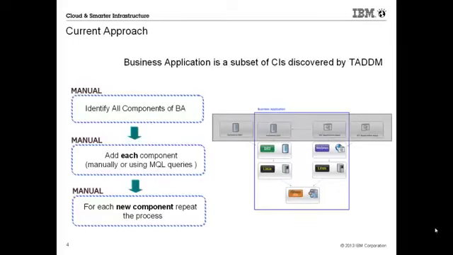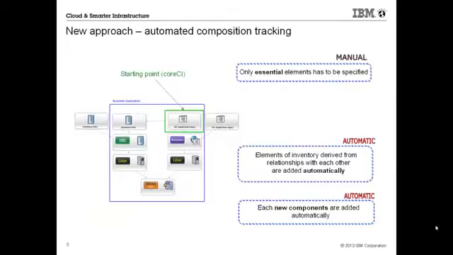The picture on the right represents a business application topology where low-level components, represented in a grayed out area, are not currently visible in a business application topology and can only be added as members using the MQL query method. What is more, in order to apply any changes, for example adding a new component to our business application, this process has to be repeated manually.